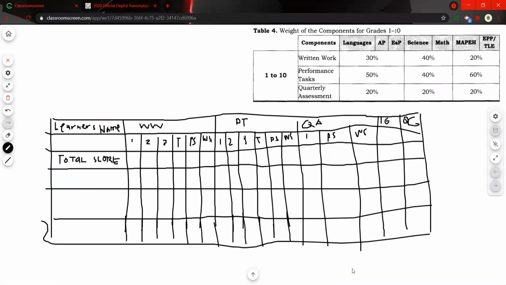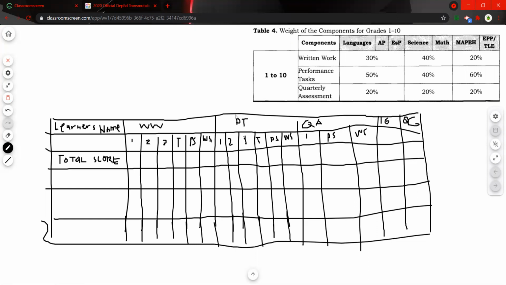As you can see, I created a direct table. Actually, I could send you an e-record where all the formulas are already set up, but our ultimate goal here is to know how to calculate our grade. Here we have written works, PT, which is performance task, then the quarterly assessment, the initial grade and the quarterly grade.